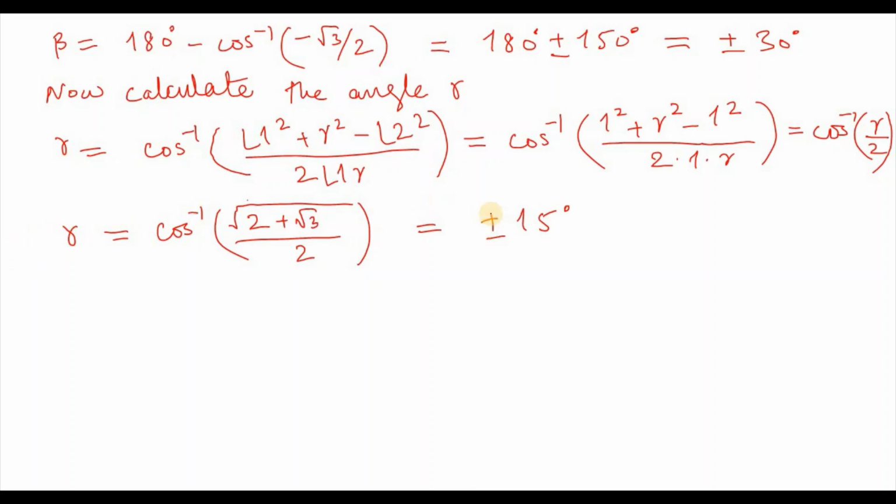So gamma can also have two values, just like we have two values for beta also.